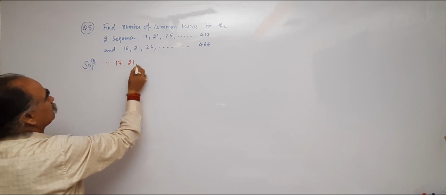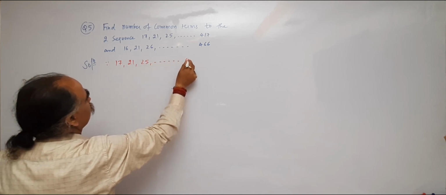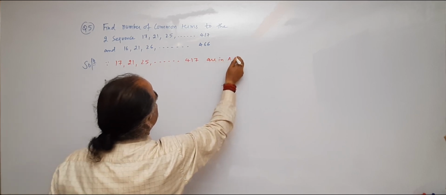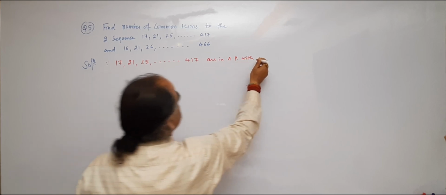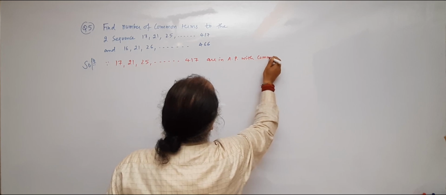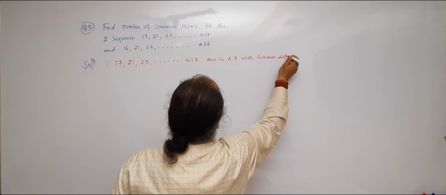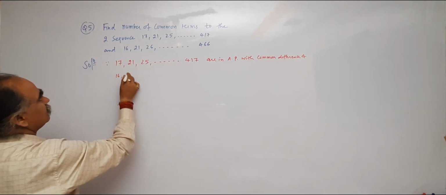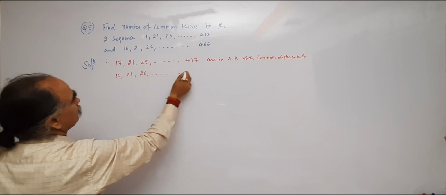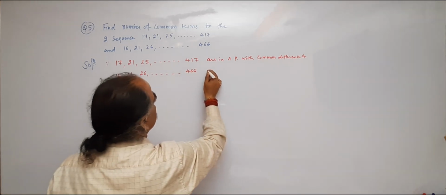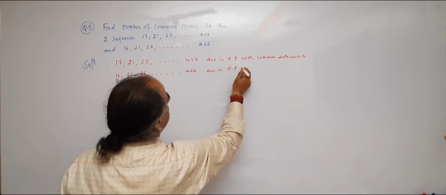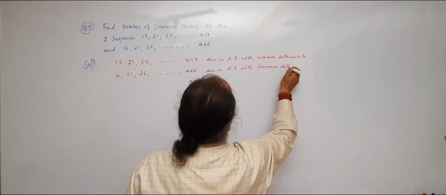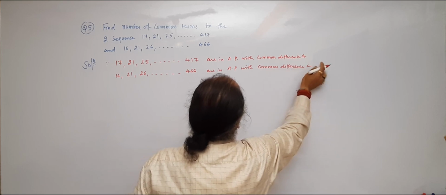Since 17, 21, 25, up to 417 are in AP with common difference 4, and 16, 21, 26, up to 466 are in AP with common difference 5.